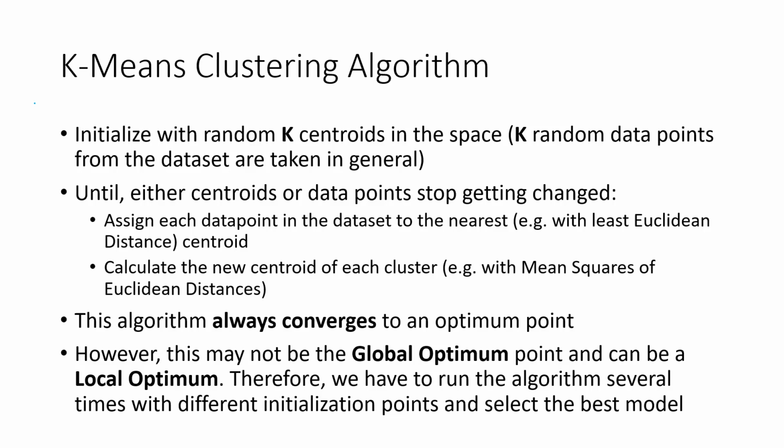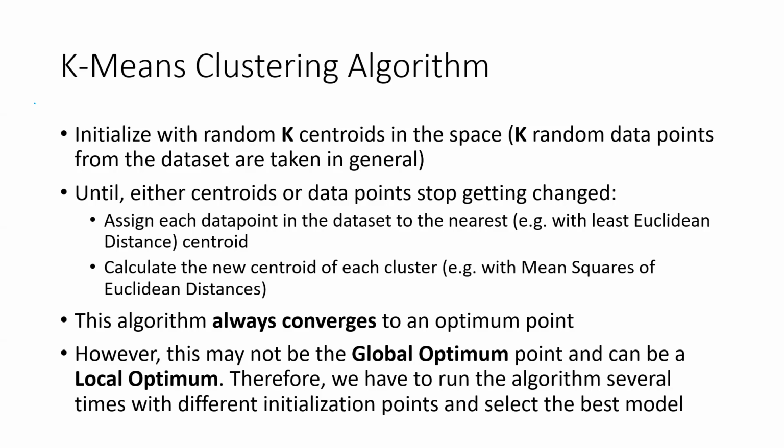That is not a mandatory thing, but this is a very important way of initializing centroids, right? And then what we have to do is run an iterative algorithm until we converge into a certain state. So that is the K-means clustering algorithm.